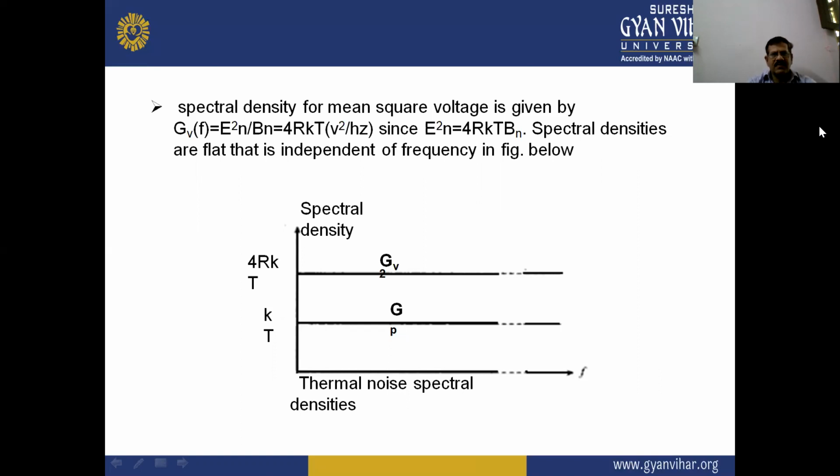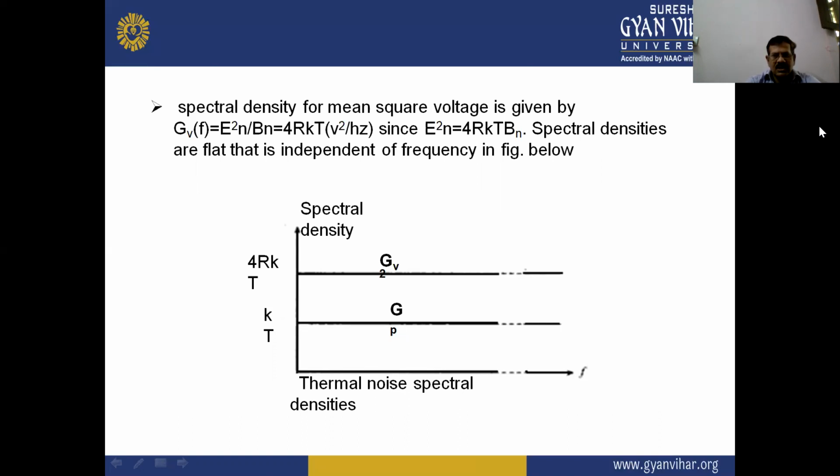Spectral density is flat, that is, independent of frequency, in the figure below. So this is the spectral density versus frequency graph for thermal noise, and this is the diagram.